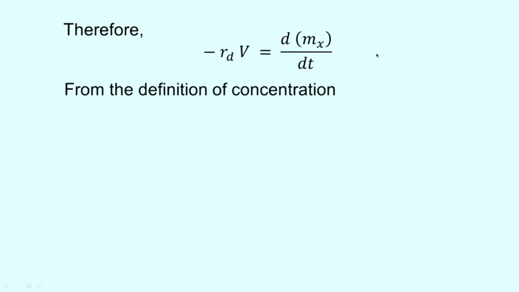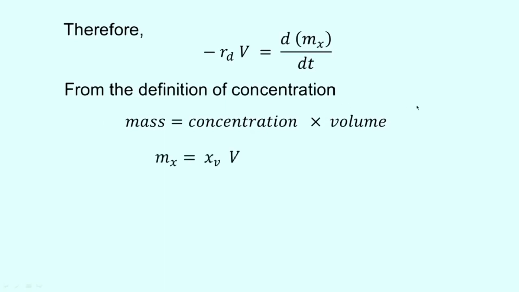Now, from the definition of concentration, mass is nothing but concentration times volume, or in other words, concentration is mass by volume, that is the definition. And therefore, m x, which we have here, is x v, the concentration of viable cells into the volume.